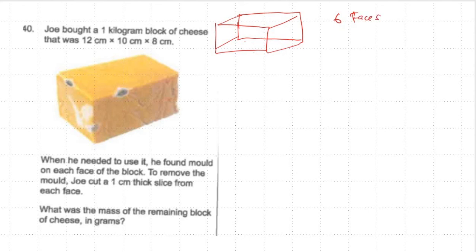So I just want to take care of this area, because here it says 12 centimeter times 10, length times breadth times height. So height is 8, 8 centimeter.